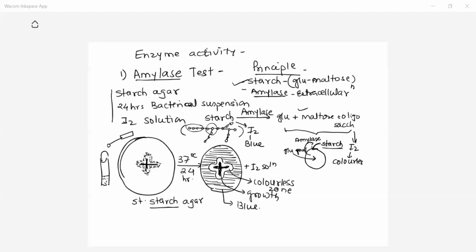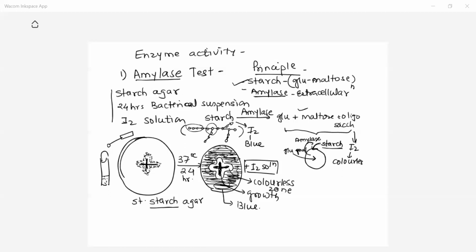And when you add iodine on the second day, that iodine gives a colorless zone because the starch in that area around the growth of the organism was hydrolyzed by the enzyme amylase produced by the organism, and that is how we get the colorless zone. At the same time, in the remaining plate where amylase did not reach, the starch remains as it is, unhydrolyzed, and that will remain blue.